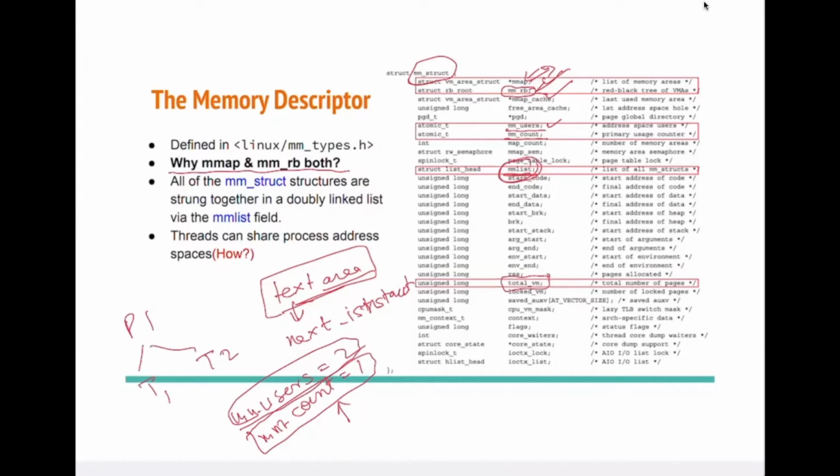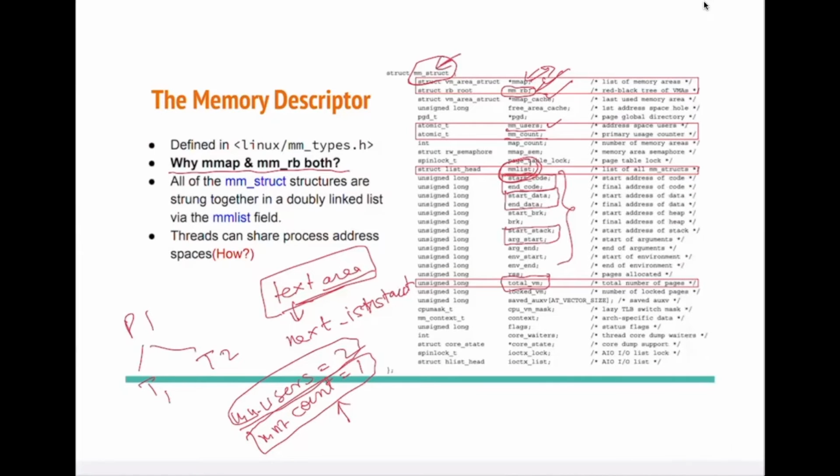And here, if you look carefully, it also defines the start and end addresses of different sections. This is the data, this is the code part or the text section. In this way, this structure can represent the whole address space of a particular process.